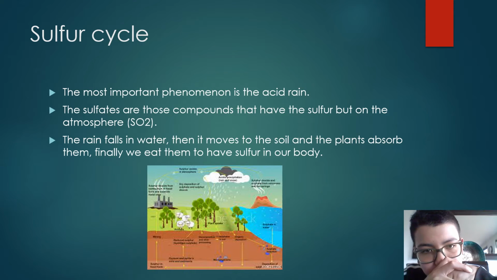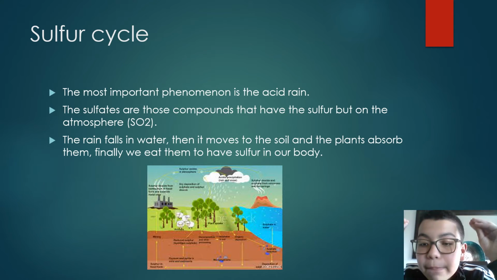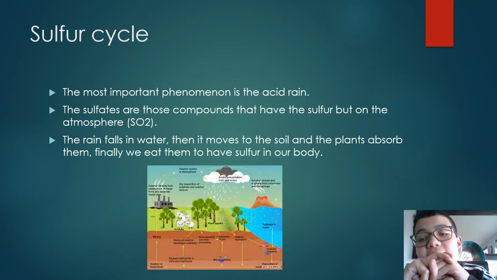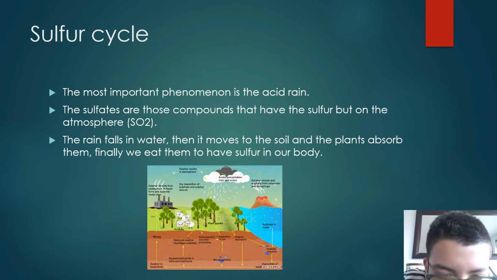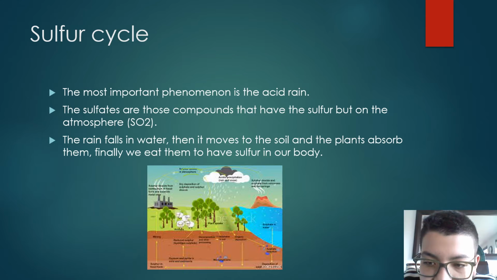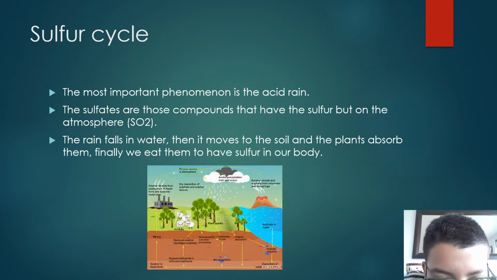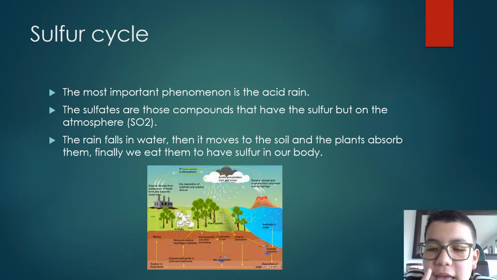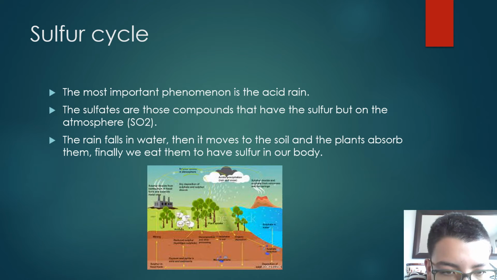The sulfur cycle. Well, in the sulfur cycle, we have a very important phenomenon, that is the acid rain. The sulfates, like in this image you can see, we have sulfates in the atmosphere. The sulfates are those compounds that have the sulfur but in the atmosphere, especially the sulfates with the formula of SO2, like you can see in this information.